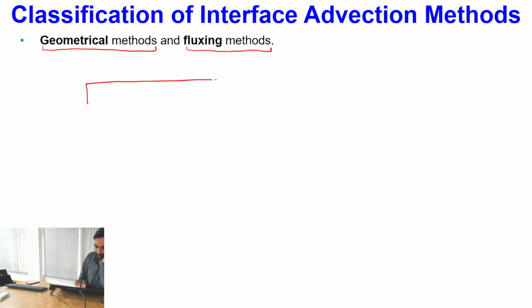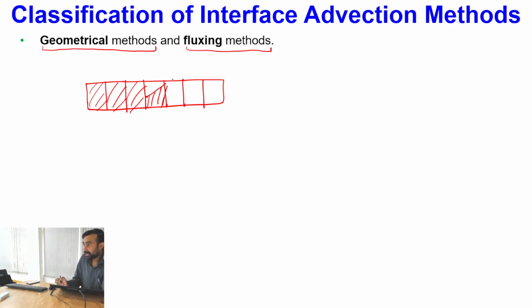Consider that this is your grid, and in this grid you have a certain interface. This is all filled, this is all filled, this is all filled, and say this one has only this much portion filled. Now suppose I consider my method in such a way that each of these cells is considered as a certain area, and here also, geometrically, I am considering only this much area.